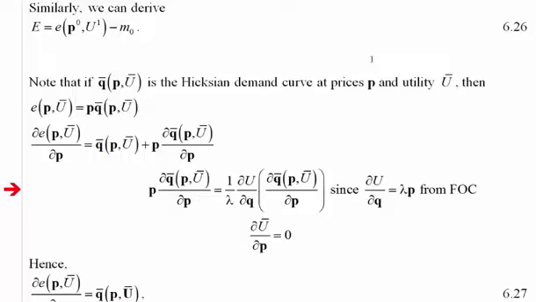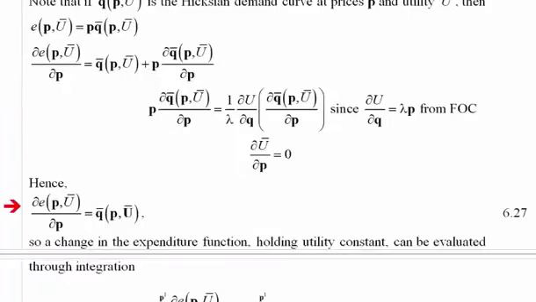Lambda is the shadow price on the budget constraint. But we know that dU/dP is equal to 0 since U bar is fixed. Hence, the second part of the expression drops out, and we're left with the result that the derivative of the expenditure function with respect to price is simply equal to the Hicksian demand.